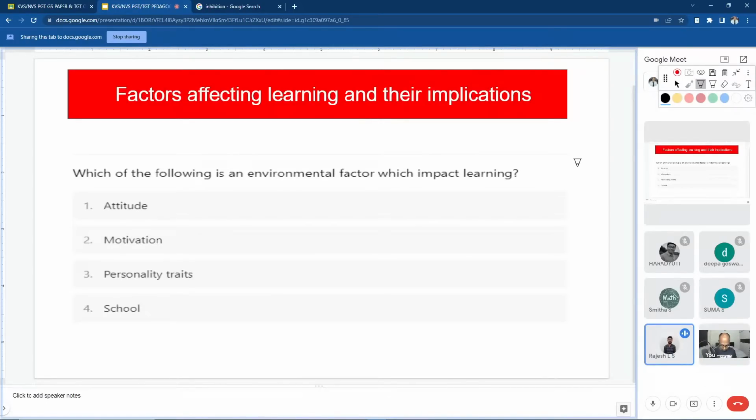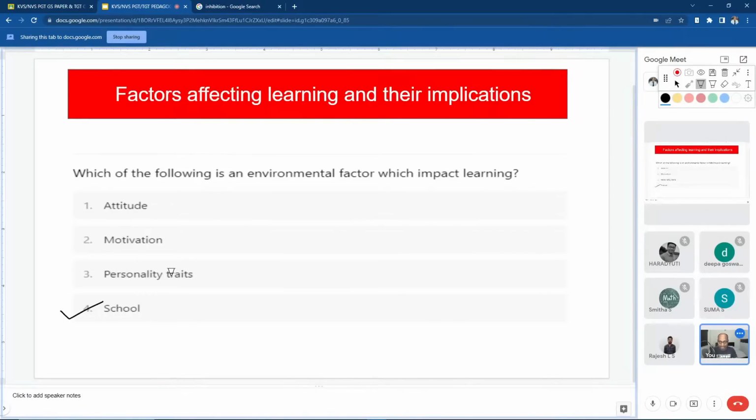Environmental factors. So maybe personality traits. No, environmental. Environment means surroundings. School, sir. School is the correct answer. Attitude, motivation, personal traits are psychological factors. So school is the environmental factor.